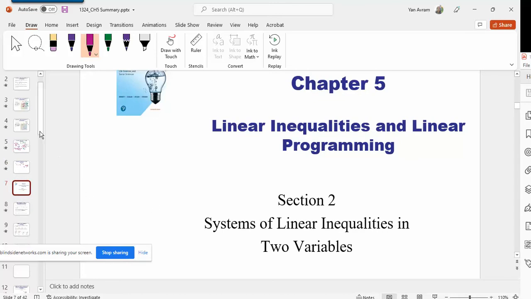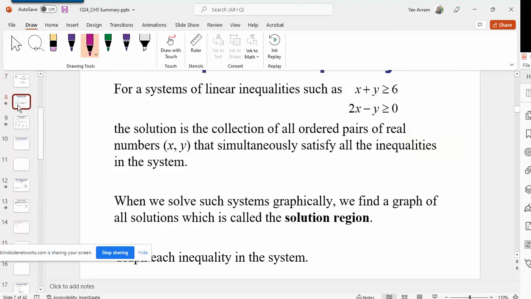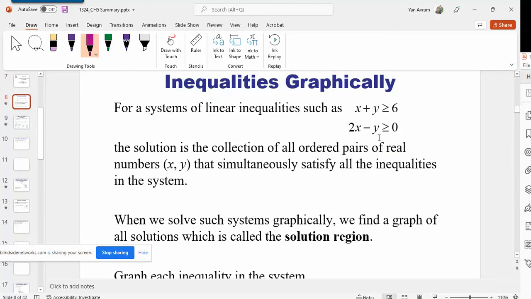Our next section is the system of linear inequalities in two variables. Look at x plus y greater than or equal to 6, and 2x minus y greater than or equal to 0. When you have these two inequalities, we need to find the solution for each one first, repeating the same process for the second inequality.